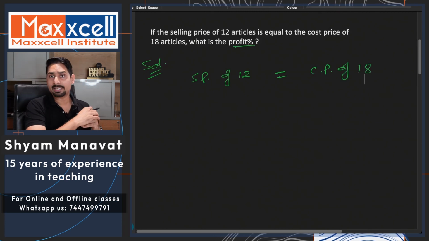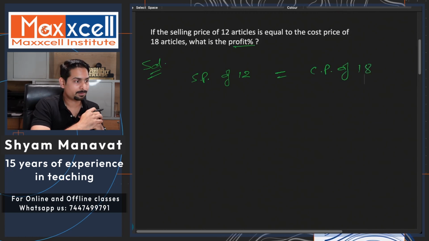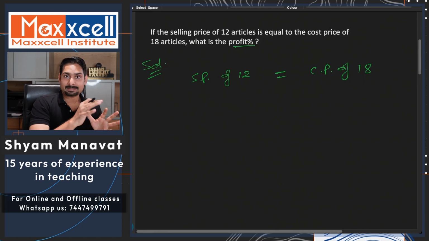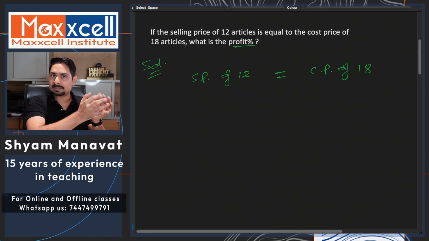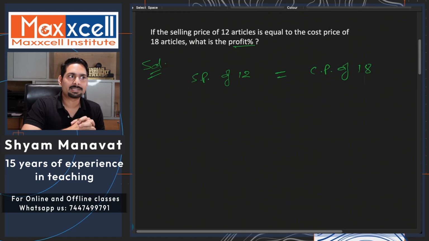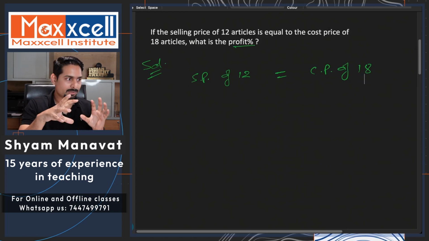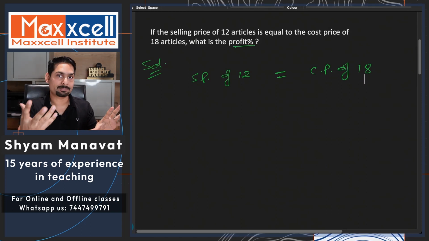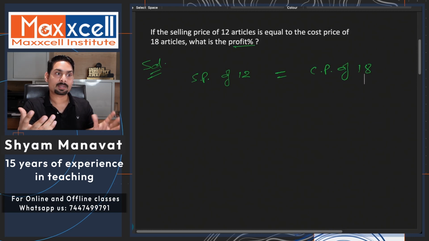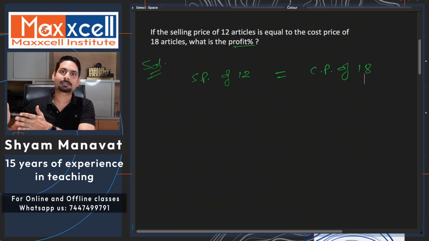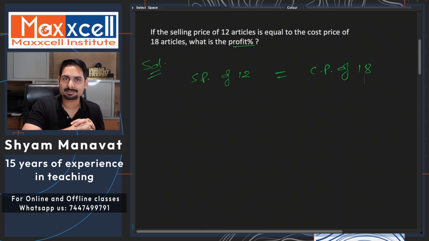First of all, why is it a profit? It simply means that you purchased 18 articles for, let's say, 100 rupees, and you sold 12 articles for the same 100 rupees.